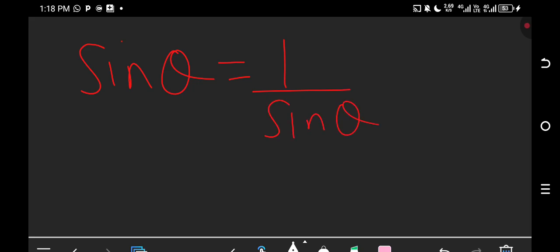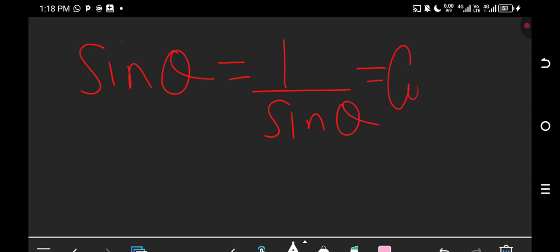The second thing you need to understand are now the inverses. Okay, so we have the inverse for sine theta. We are saying the inverse is simply 1 over sine theta. Now what is the trig identity which denotes 1 over sine theta?